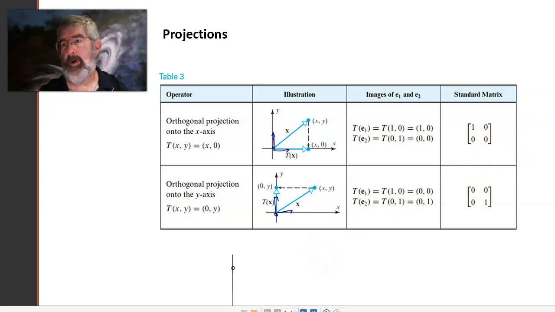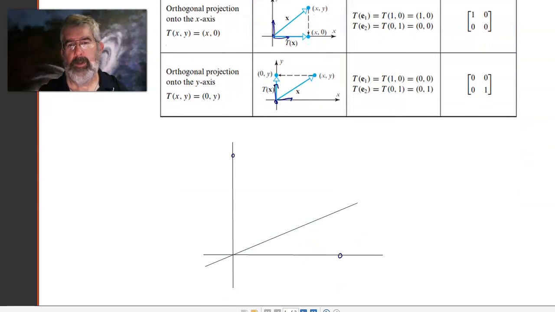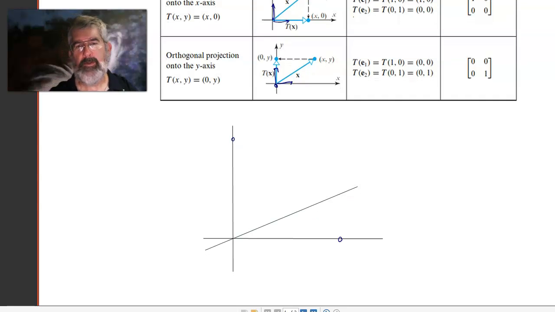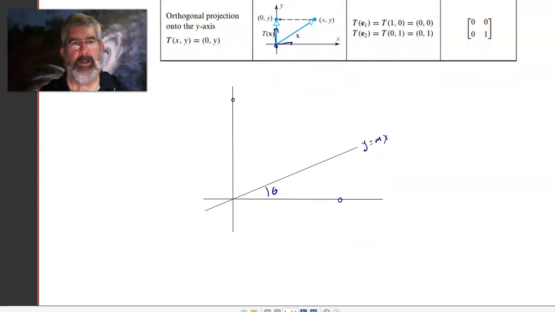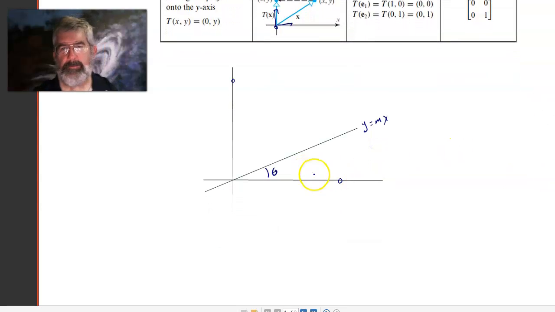We could also project onto a line. Sorry, those are lines. These are just an arbitrary line. And we will take a look at this both in terms of an angle or in terms of y equals mx, like we did with reflections in the last video.